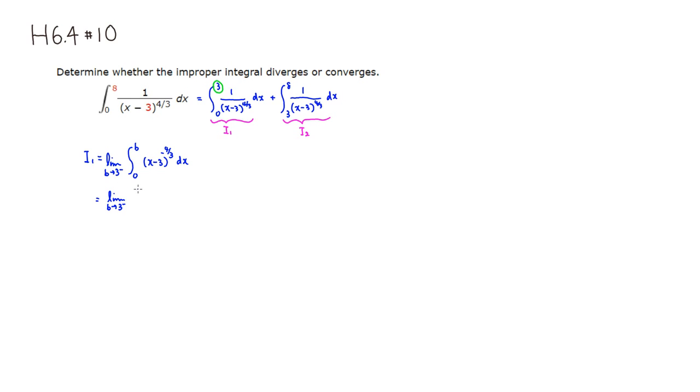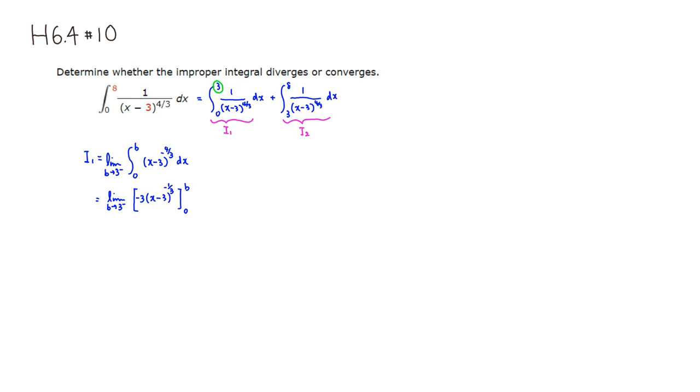The antiderivative is going to be: add 1 to the power. So you have x minus 3 raised to the negative 1/3. I divide by negative 1/3, which is equivalent to multiplying by negative 3. Then you're going from 0 to b.